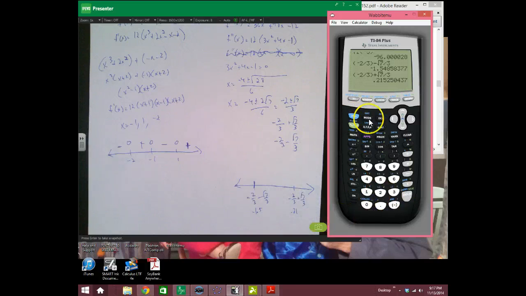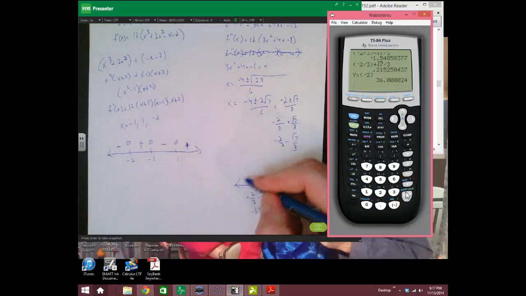So I can do y3, because that's where the second derivative is stored in the calculator. y3 of, like, I don't know, negative 2. Oh, need to put parentheses around it. And I get positive.